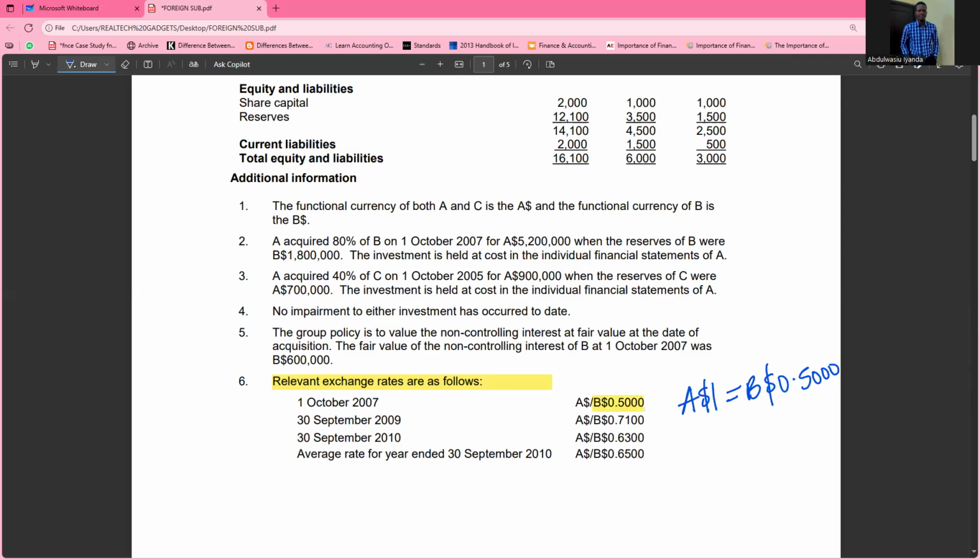So meaning that 1A is equal to 0.5B. So meaning now that the subsidiary currency is more valuable than the parent.